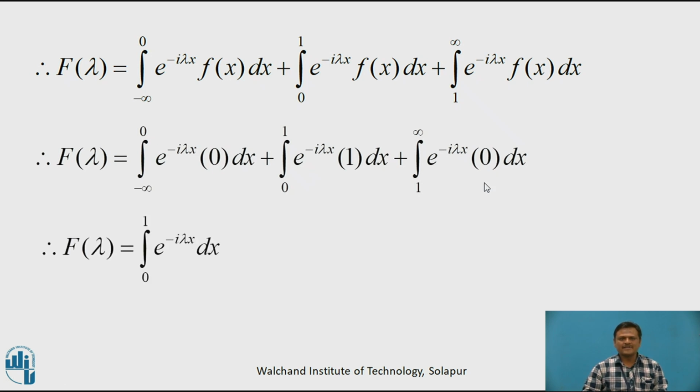Therefore simplifying, we get F of lambda equal to integral from 0 to 1 e raised to minus I lambda x dx. Now to evaluate this integral, we need one basic integration formula.